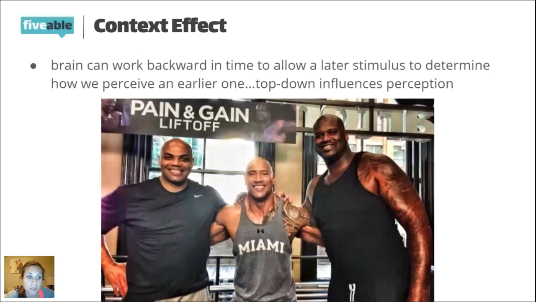That's a really big dude. He's just next to even bigger guys in the picture. And so our brain works backwards to allow a later stimulus to determine how we perceive an earlier one. So it allows us to work back, consider the context of the situation, and figure out what we are looking at. If that makes sense.